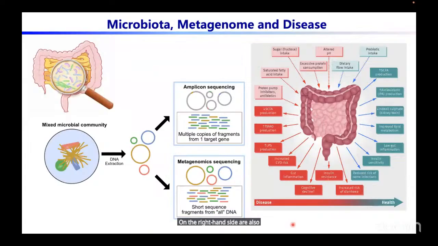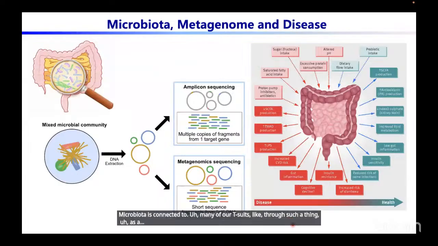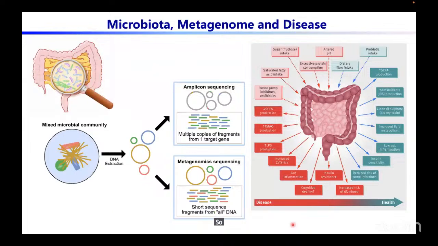Because we know that the gut microbiota is connected to many of our tissues, through such things as the gut-brain axis, gut-lung axis, and so on and so forth. Because of this linkage, gut microbiota is a very good source to explore for diagnosis purposes.